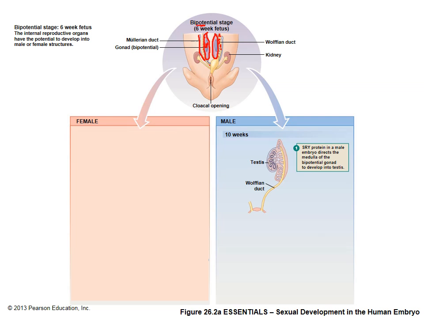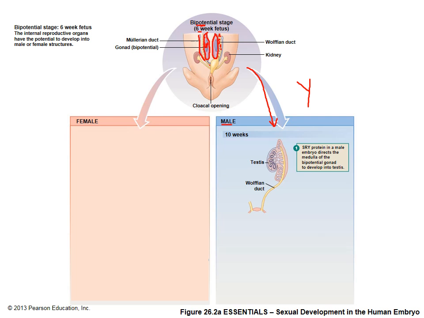We say bipotential because this fetus is 6 weeks into development, which means that at this stage, all of the internal reproductive organs, so the gonads, as well as the rest of the internal genitalia, still have a potential to develop either into male or female structures. We are going to start off by looking at the development of male structures. In males, there is the presence of the Y chromosome, which means that the SRY gene is there.